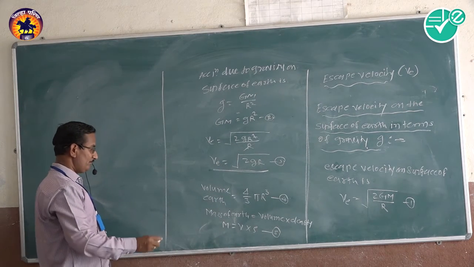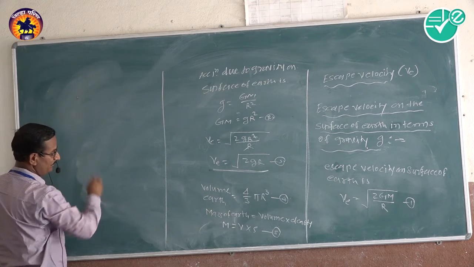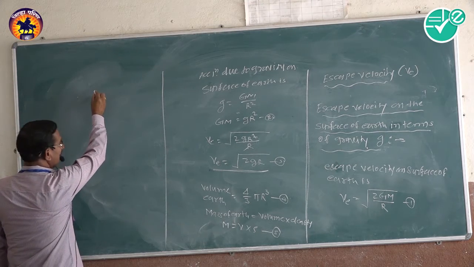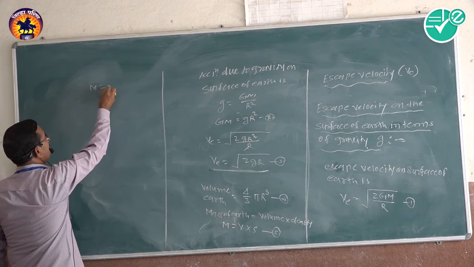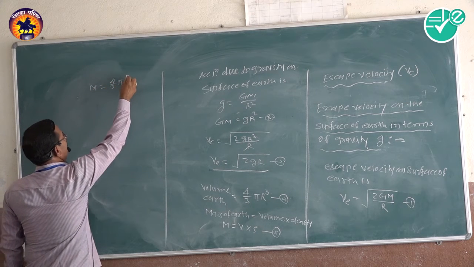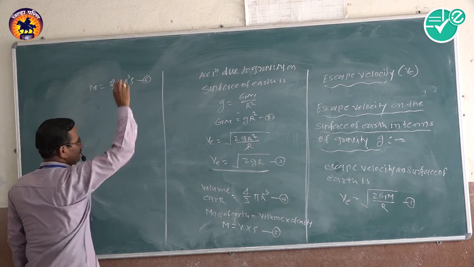Then we have to also put the value of this volume of Earth in equation 5, that is capital M is equal to 4 by 3 pi r cube rho, and that is equation 6.